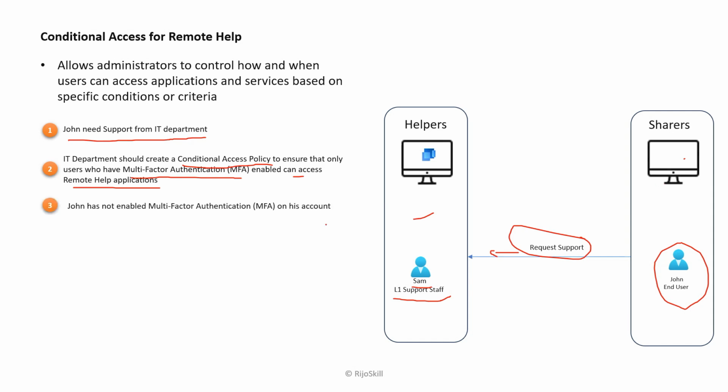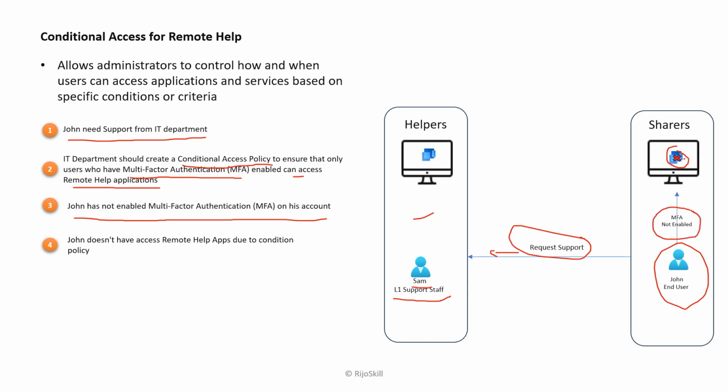So you can see here John has not enabled multi-factor authentication on his account. So what happened? John tried to access the Remote Help application from his PC. John will get a message that he cannot access the Remote Help application because he has not enabled MFA on his account. So John cannot access the application.